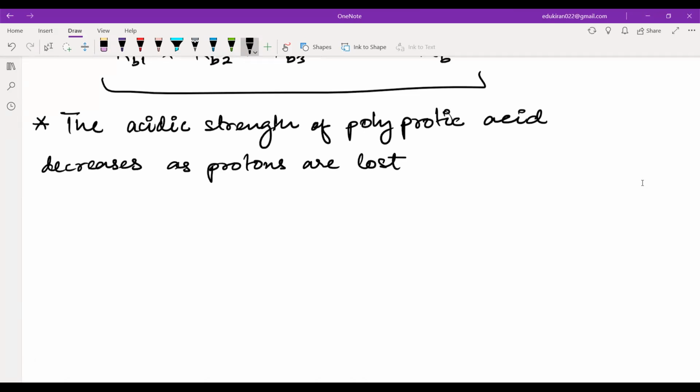Because K is something that is going to give me the idea about the strength of a particular acid, right? So we have Ka1, which will be highest, followed by Ka2, followed by Ka3, followed by so on. Write this down. Let me know if you're done.